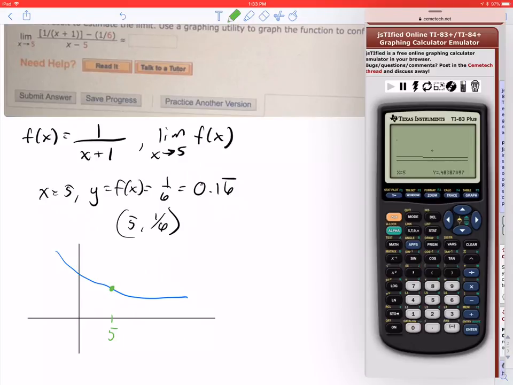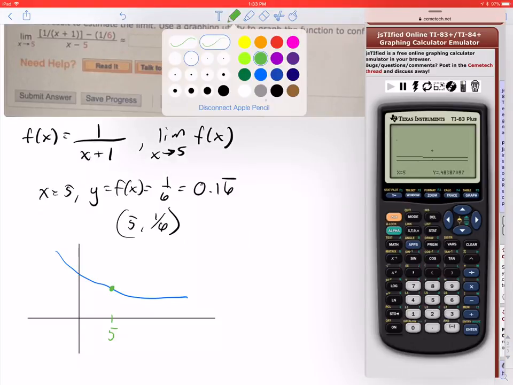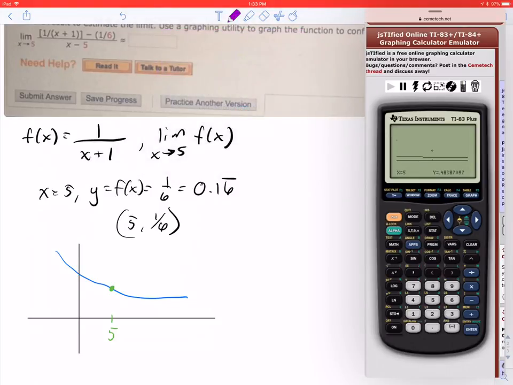Now, if you want the slope of a line, you typically need 2 points in order to talk about slope. You got to have a rise or the run. You got to have 1 point and a second point to compare it to. But if we're looking at a point, it's not so obvious to talk about slope at a point.